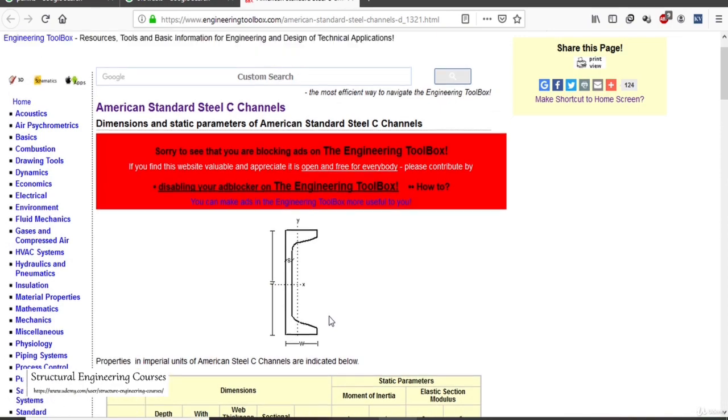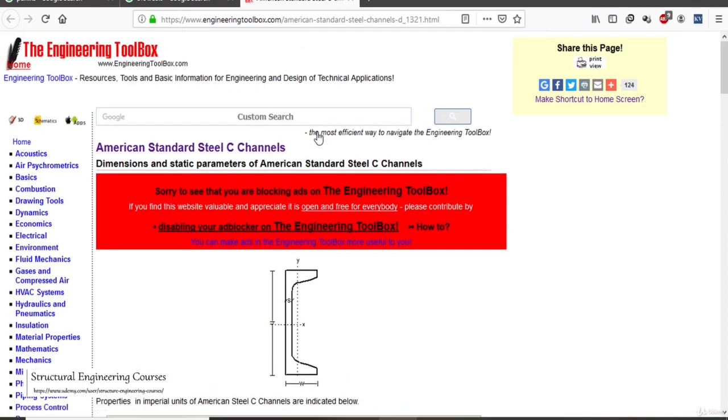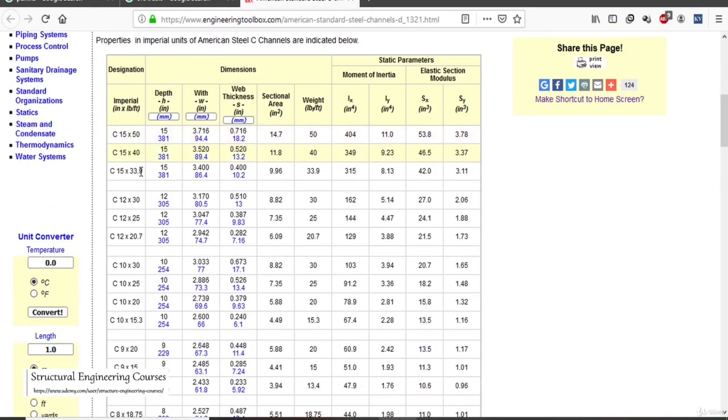If you refer to the engineeringtoolbox.com website, they have given the dimensions for the C15 33.9. The first number denotes the height in inches, and the second denotes the weight in pound per foot, and approximately the depth is obviously 15. In mm, it comes out to be 381 mm.